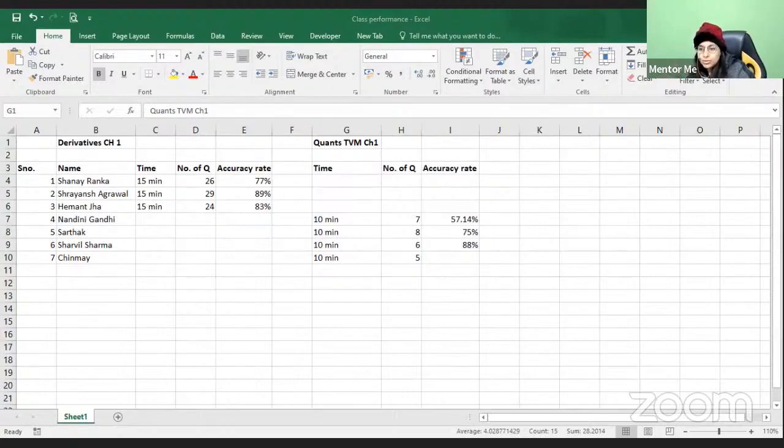Are we there, guys? Open the curriculum, practice problems. Yes, ma'am, opened. Okay. So I hope everyone is ready with the questions. How many total questions do we have here with respect to probability concepts, the back questions of curriculum?